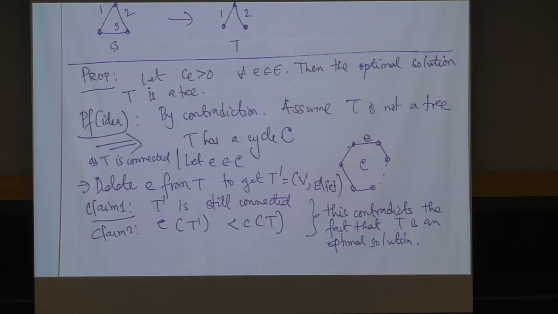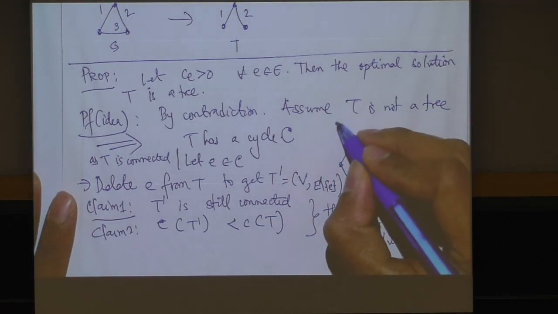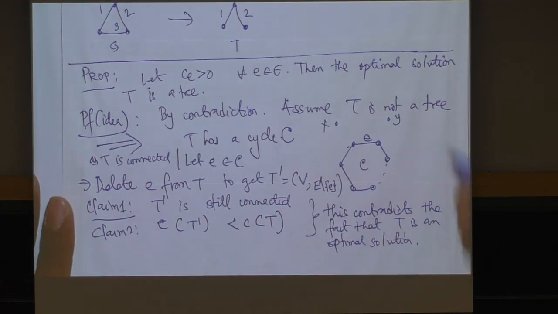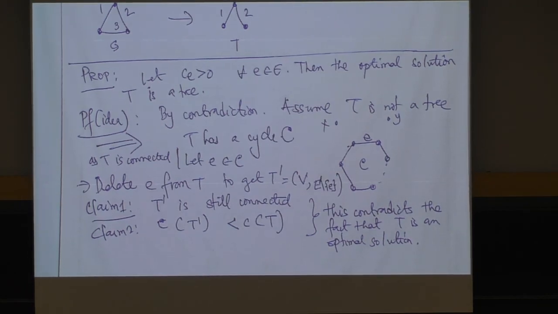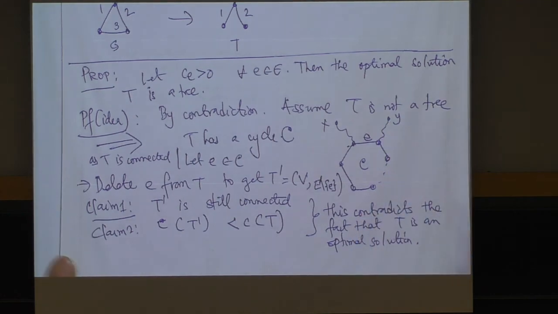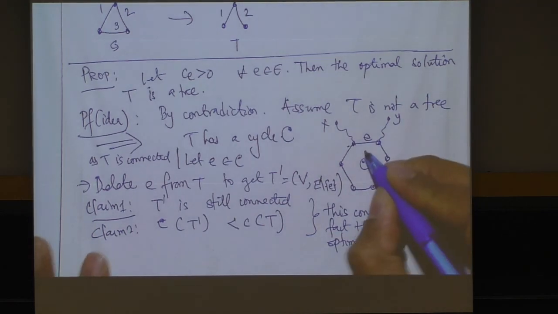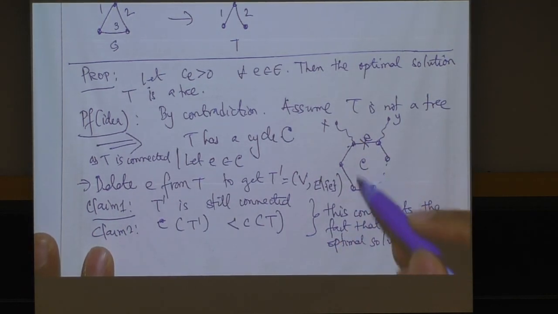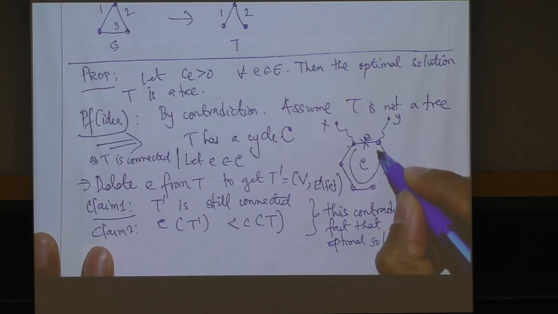So let's say you had two vertices X and Y, and the way you had rationalized to yourself that these two vertices were connected was because there was a path that included E. So the reason you thought X and Y were connected was because you took the path from X to E, took the edge E, and then from E onwards, another path to Y. And now you're throwing away the edge E, but X and Y are still connected because you can take the long path.